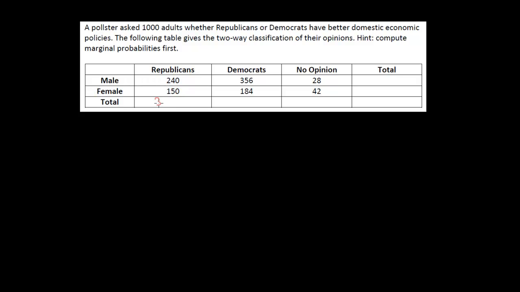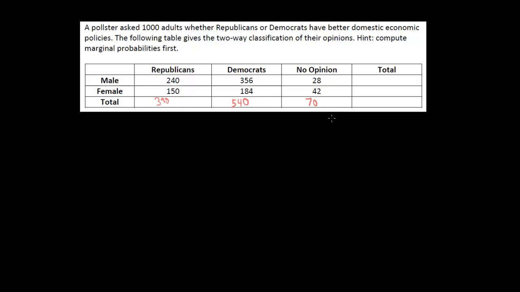Now let's see how many Democrats there are. There's 356 plus 184, and there's 540 in total. Then people of no opinion, 42 plus 28. So there's 70 of those guys.